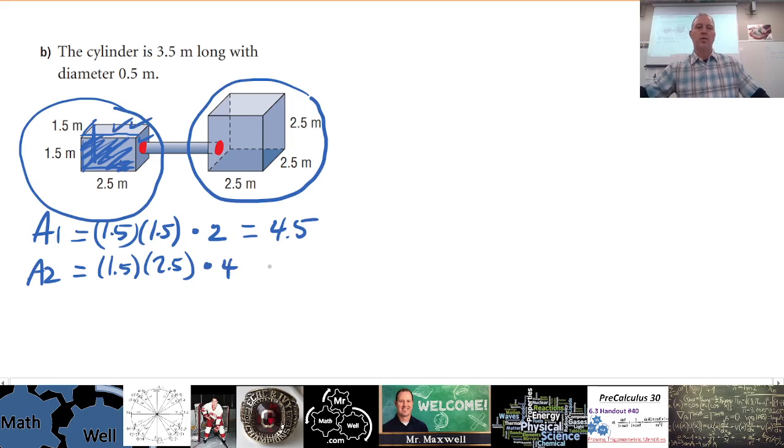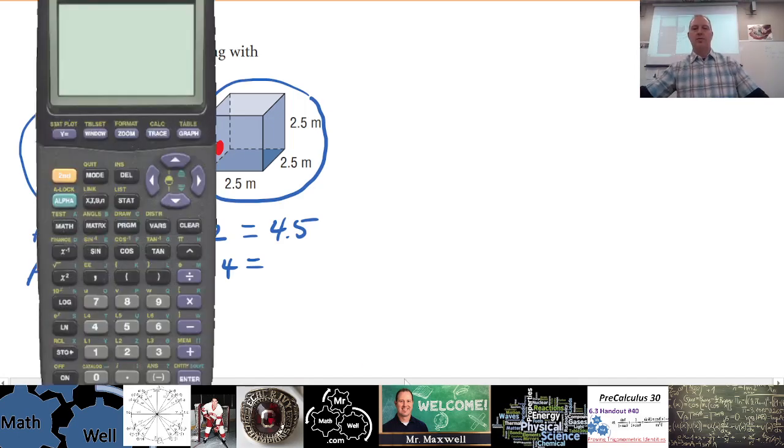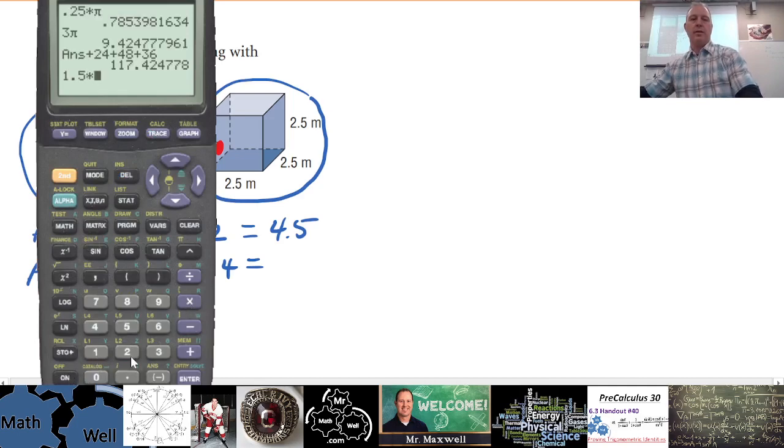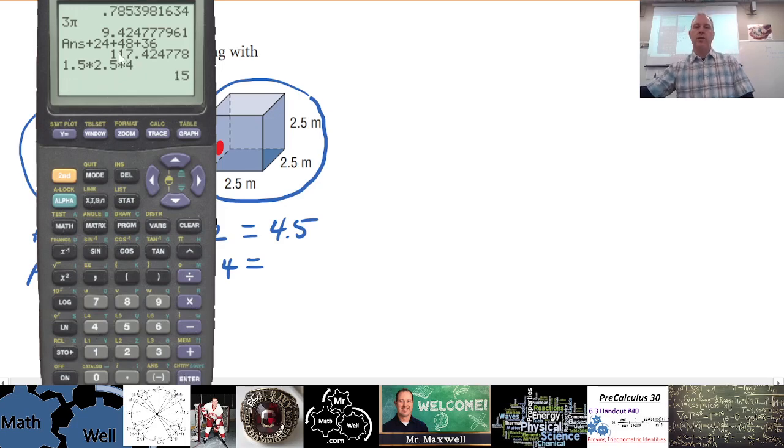So we can do times 4 there. Again, that's this front face all the way around: front face, top, back, bottom. So 1.5 times 2.5 times 4 is 15 exactly.